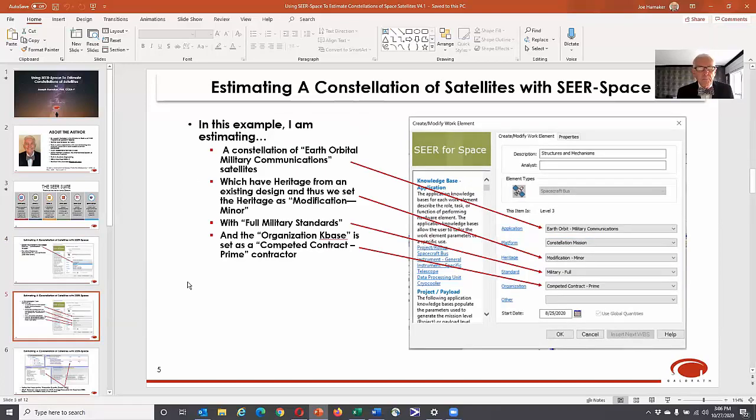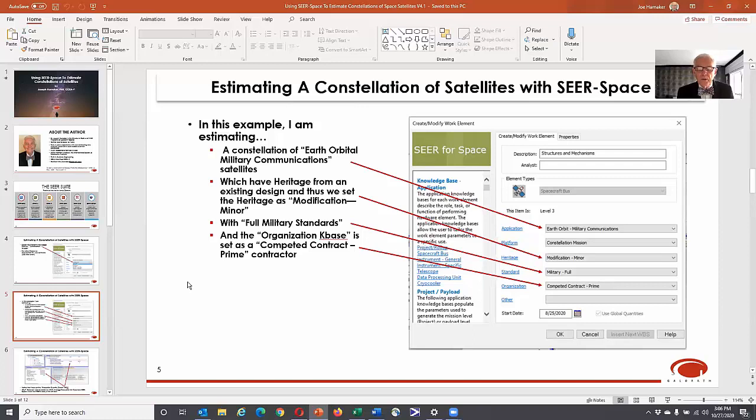In this example, I'm assuming that I'm estimating a constellation of Earth orbital military communications satellites, and so I've set the application for that. I'm also assuming that the satellites that I'm estimating have a lot of heritage from some previous design, so I'm setting the heritage level at modification minor.